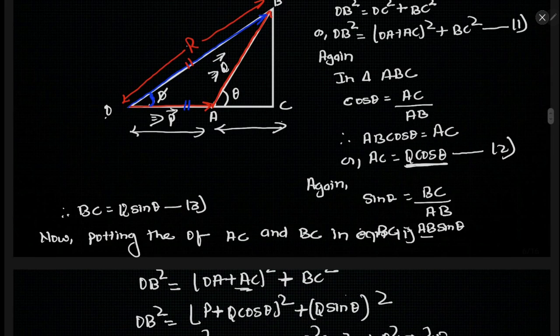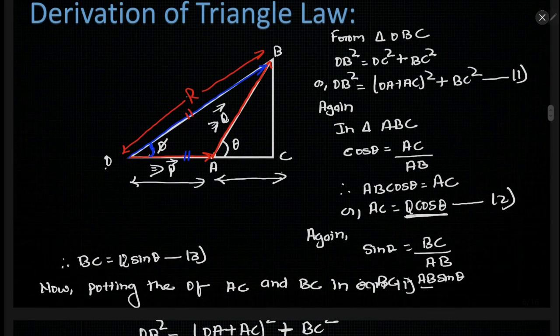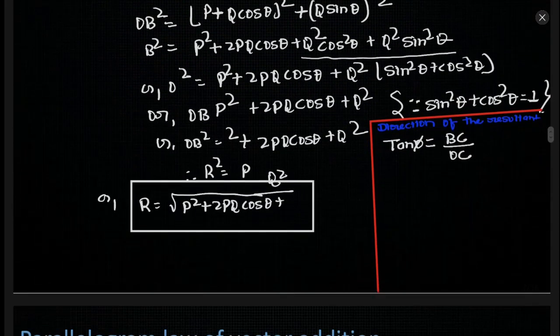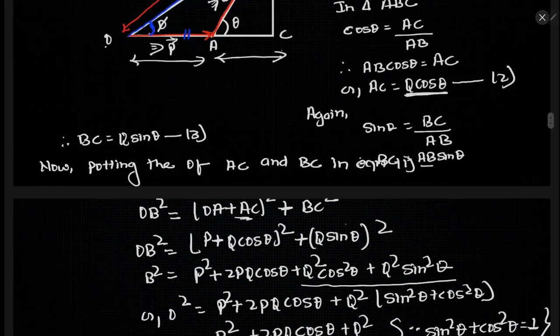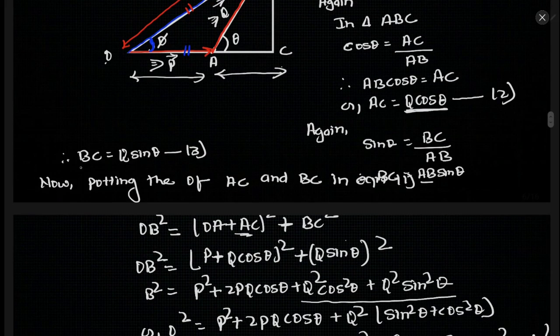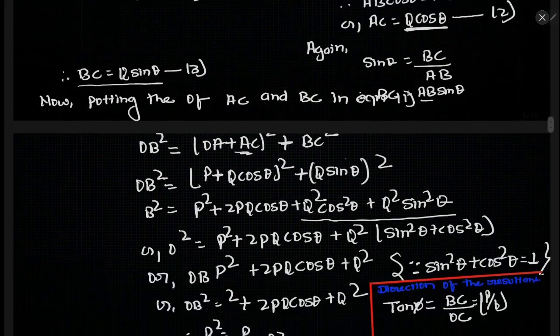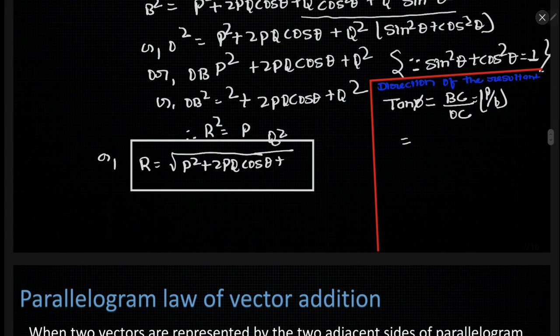In this triangle we have this OC as our base and BC is the perpendicular, as we know tan phi is equal to perpendicular by base. We have already got the value of BC, here BC is equal to Q sin theta. So we will directly substitute that.